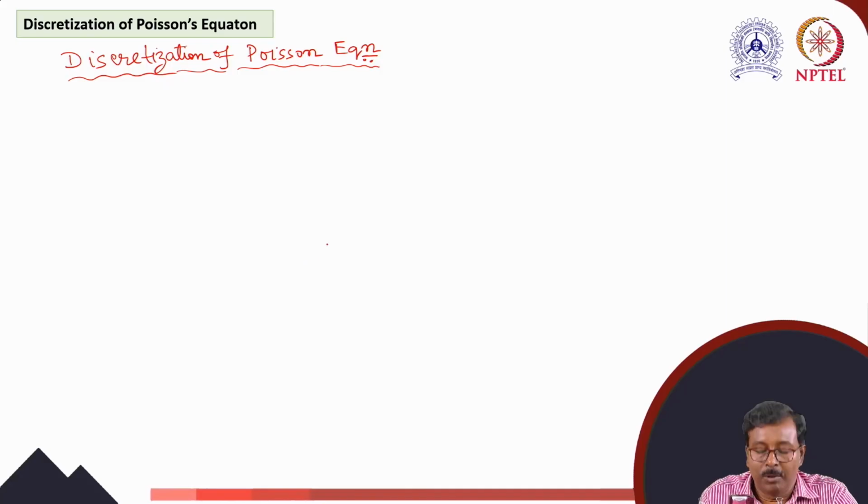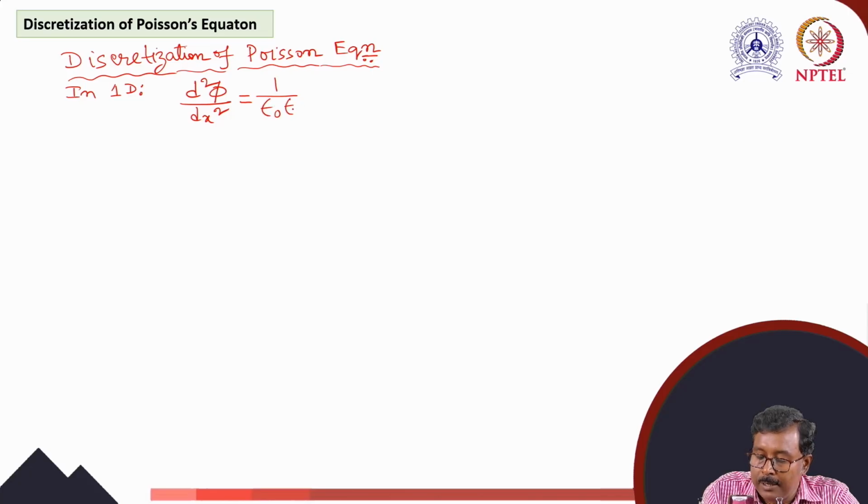If we write in one dimension, d square phi dx square, say along the x direction the variation of potential is there. So that will be equal to 1 by epsilon 0 epsilon rs.